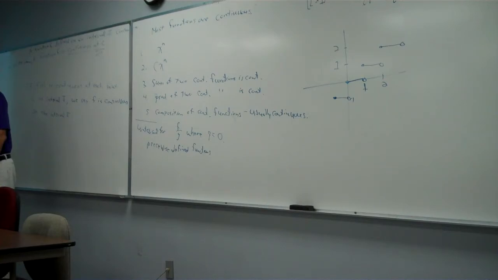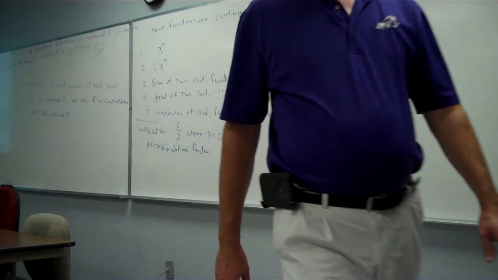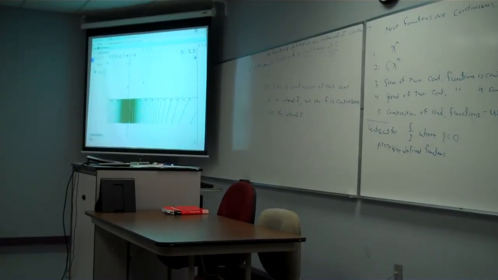Try to blow this back up a little bit. The floor of 1 over x minus 1 over x isn't heading off to infinity.